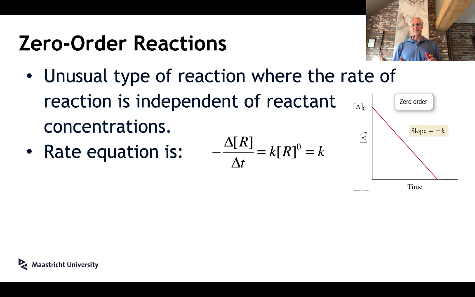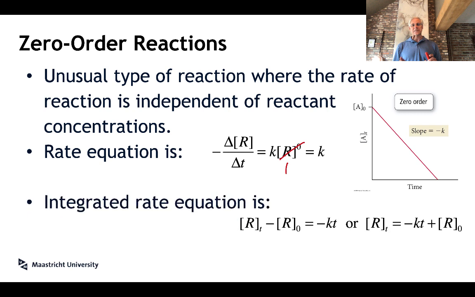The rate equation here, we have a negative change in R over delta T. So that's, again, our rate is equal to K times concentration of R raised to the 0 power because it's zero order. And of course, anything raised to the 0 power is 1. So this just becomes 1. And so we end up with rate equals K is our entire rate law.